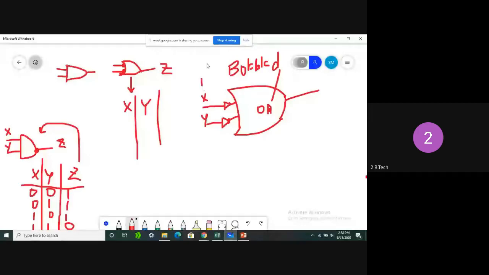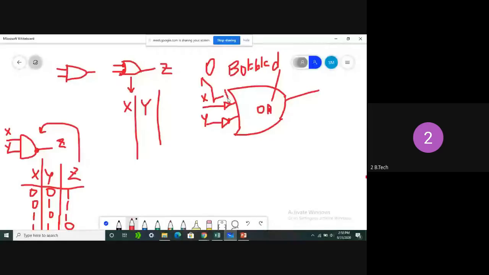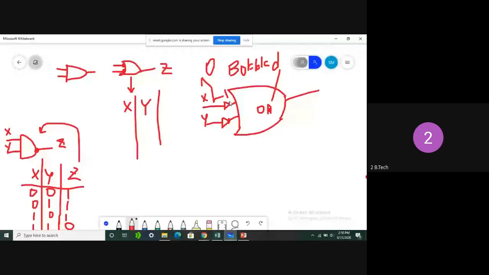If you are providing 0 here, what is happening? It will become 1, sir. Very good, 1. Again, if you are providing Y as 0, it will become 1. So for an OR gate, if both are 1s, what is happening?